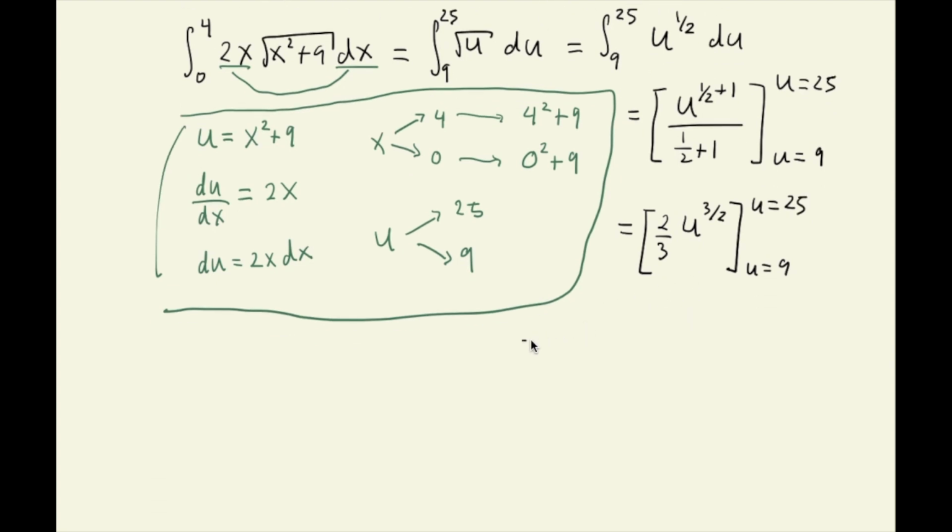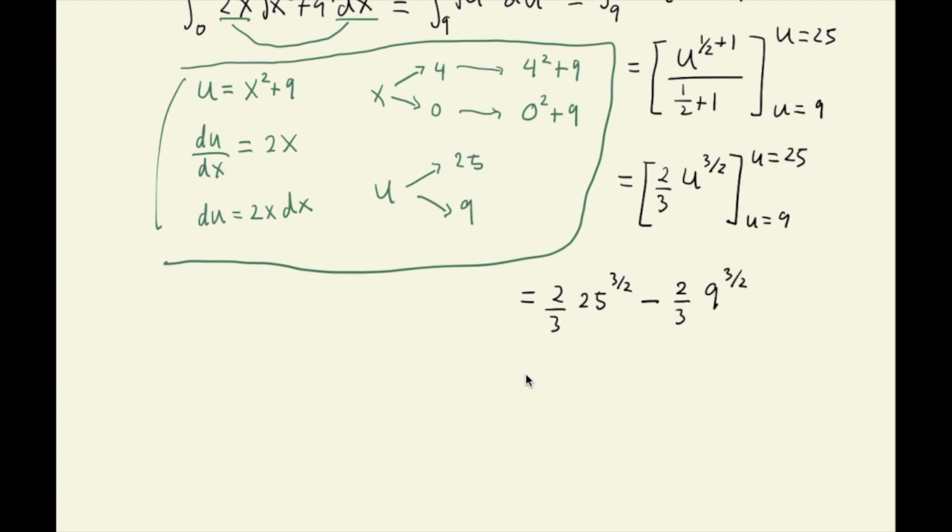Right, so evaluating this, we first evaluate u equals 25 in here. So you're going to get 2/3 times 25 to the 3/2, right? And then minus the bottom bound, which is 2/3 times 9 to the 3/2, right?